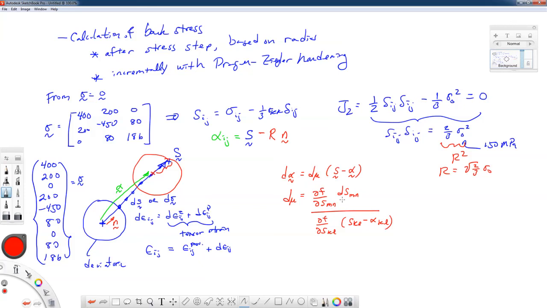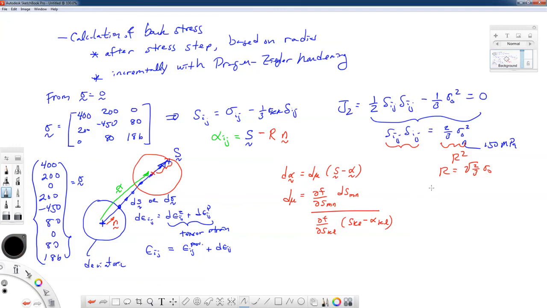And ordinarily this is fine, except our yield function isn't really, we don't really want to take a partial of that with respect to SMN unless we're doing isotropic hardening. Really what we want to do is take the partial derivative of our yield function with respect to xi. So in general, we can say this is true until we start moving our backstress. But once our backstress starts moving, this expression has to change a little bit.